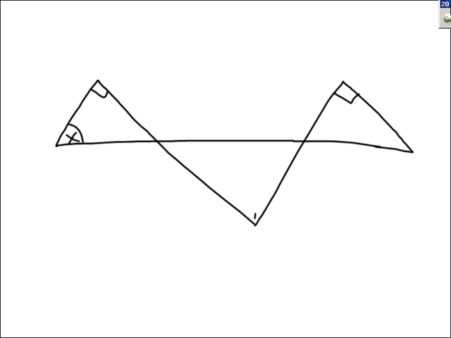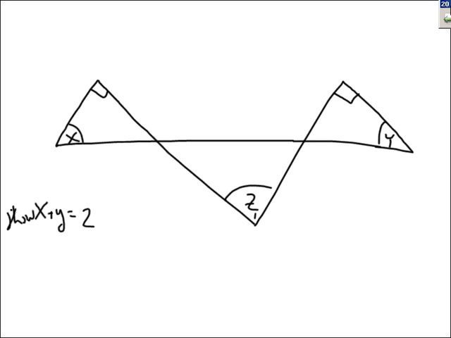I tell you, this angle is x. And I tell you this angle is y, and I tell you this angle is z. We want to conclude that x plus y is equal to z.